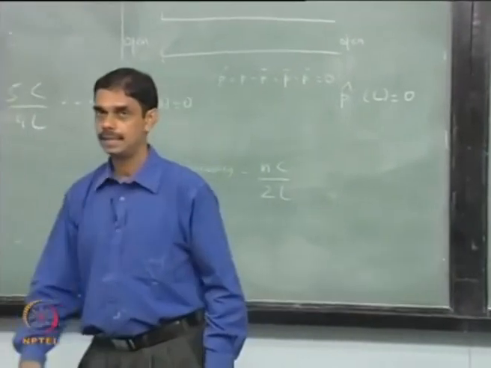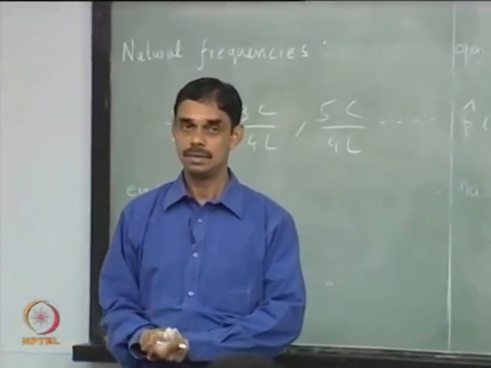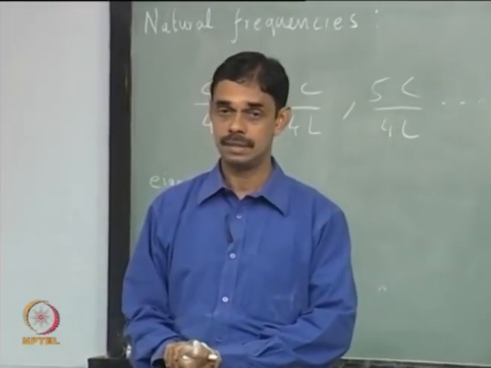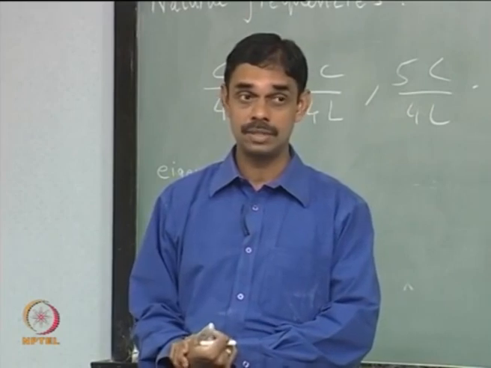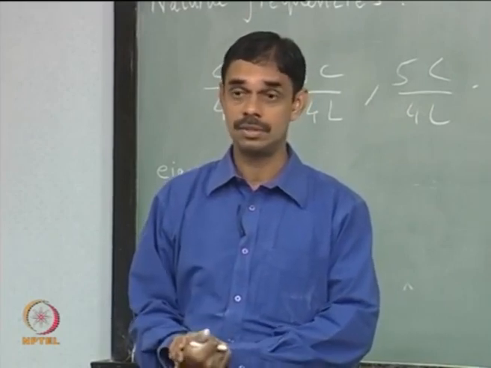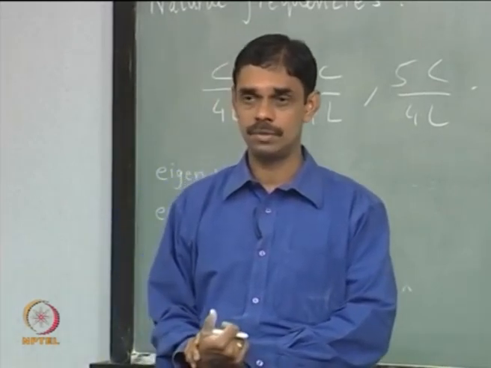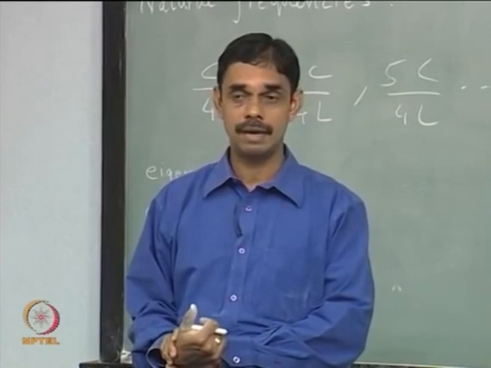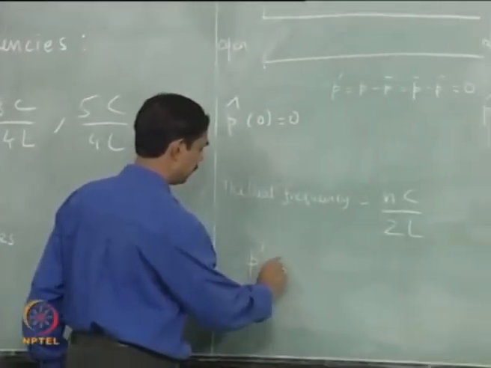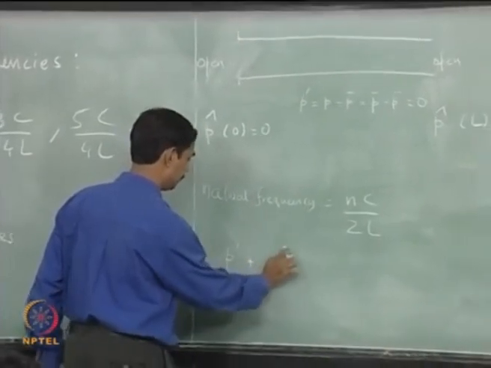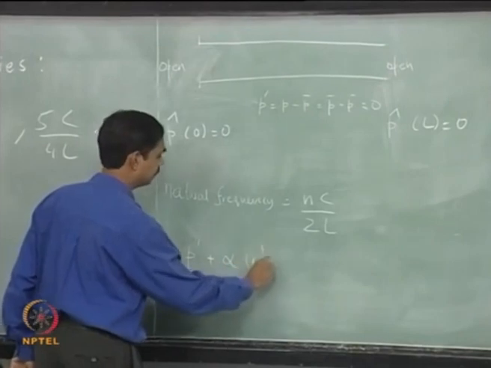I wish to emphasize that for any solution to any ordinary differential equation, you need boundary conditions. The type of boundary conditions we used are in terms of pressure equal to 0 or dP by dx equal to 0. These are called Dirichlet and Neumann boundary conditions. We also can have mixed boundary conditions of the form P prime plus, let's say, alpha times U prime equal to 0.